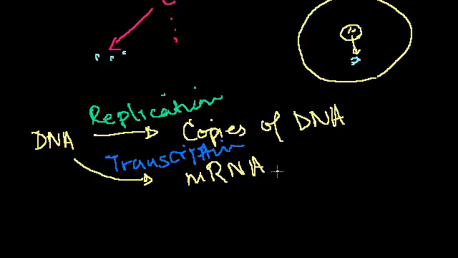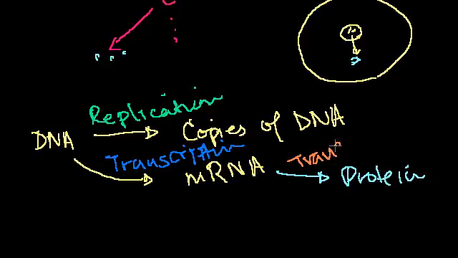So mRNA to protein is translation. You're translating from the genetic code, so to speak, to the protein code. So these are just good words to make sure you get clear and make sure you're using the right word when you're talking about the different processes.